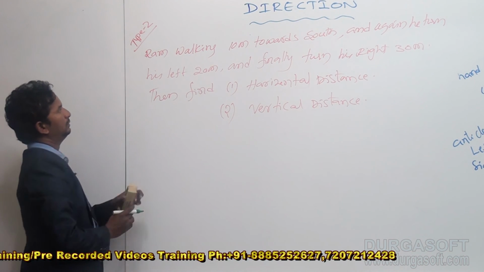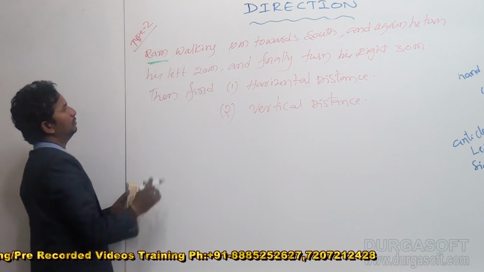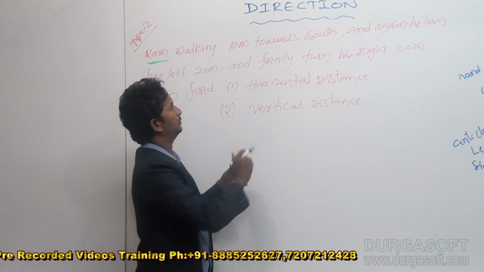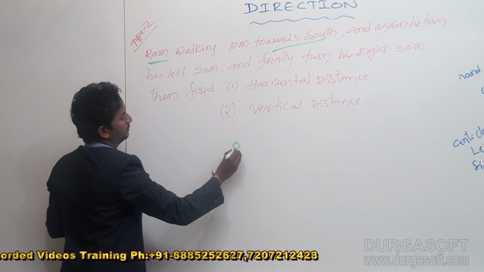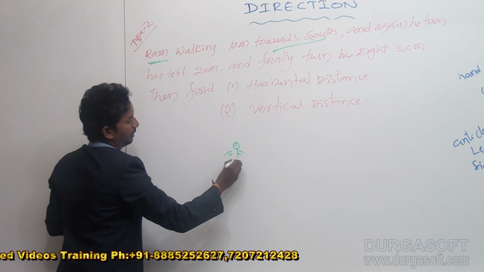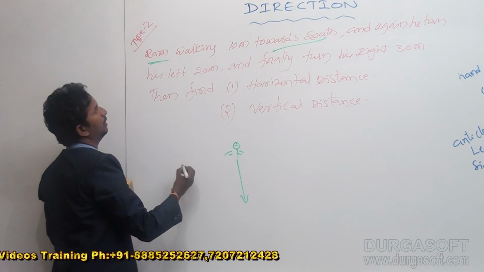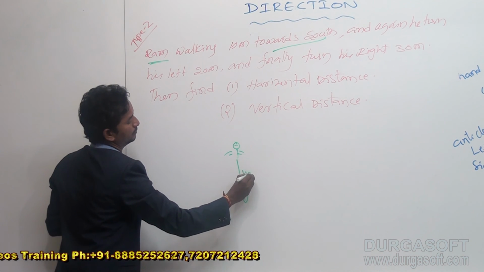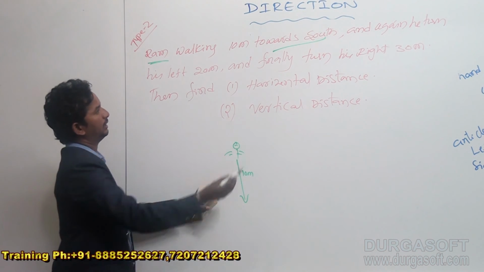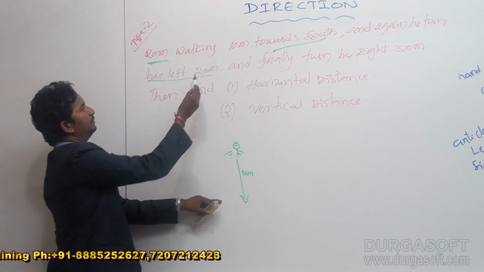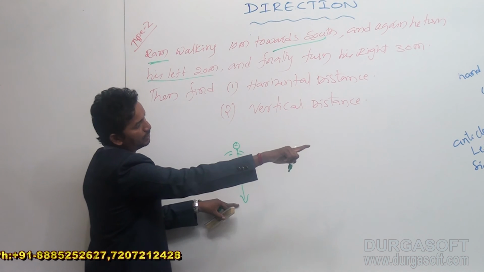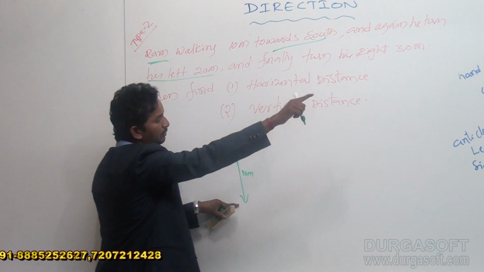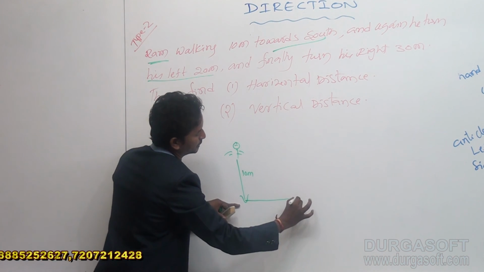Now see here, again Ramu is walking towards the south, 10 meters, and again he turned his left, 20 meters. Now south, left to, see the diagram, south is there, left nothing but the person is going in the east direction.